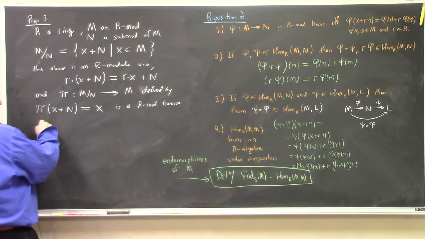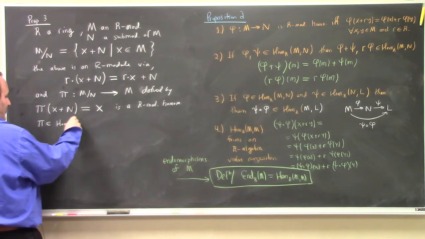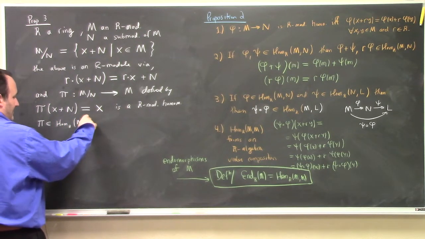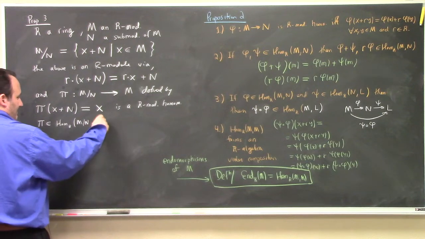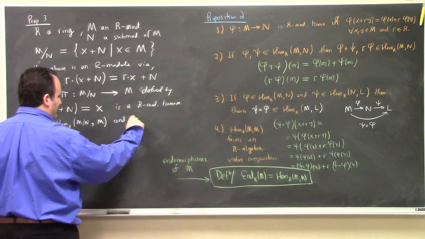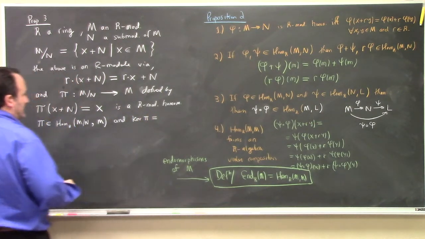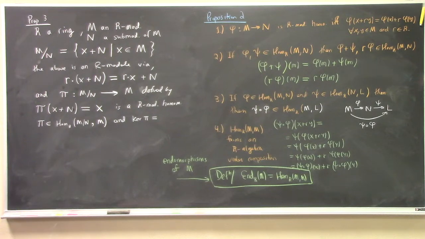Pi would be an element of Hom_R from where? From M mod N to M. And what else? What's the kernel of pi? What is everything pi sends to 0?